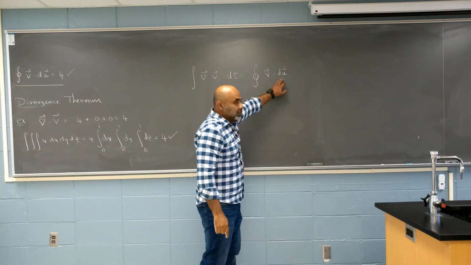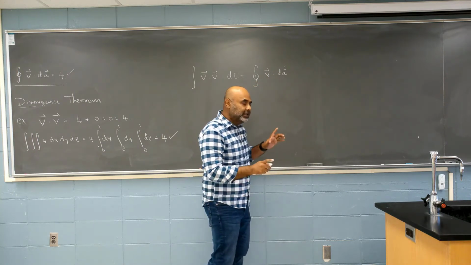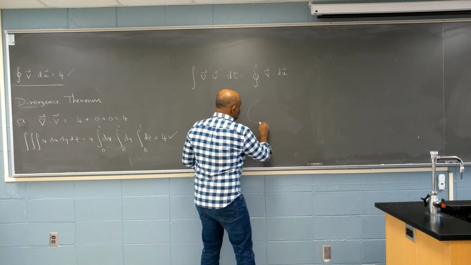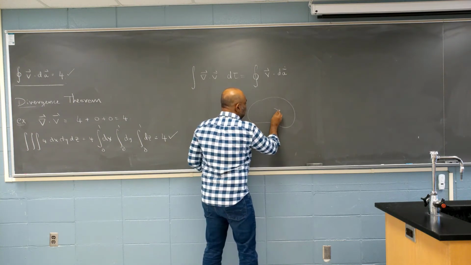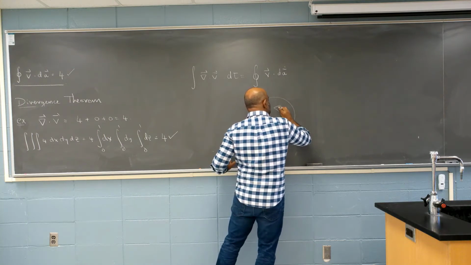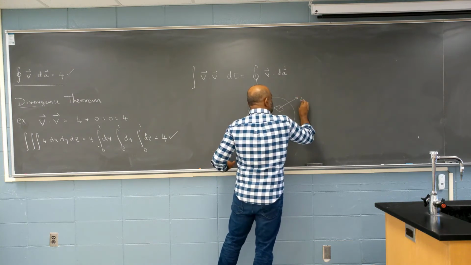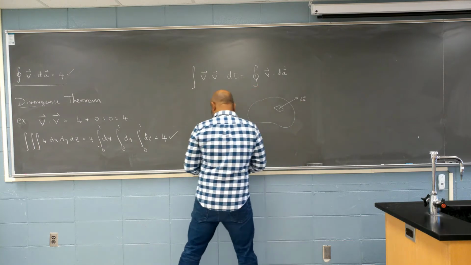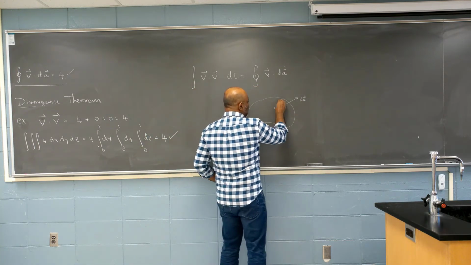Now look at this. This area vector is, so let me draw a closed area. Let me pick an arbitrary one. And V can point in any direction.